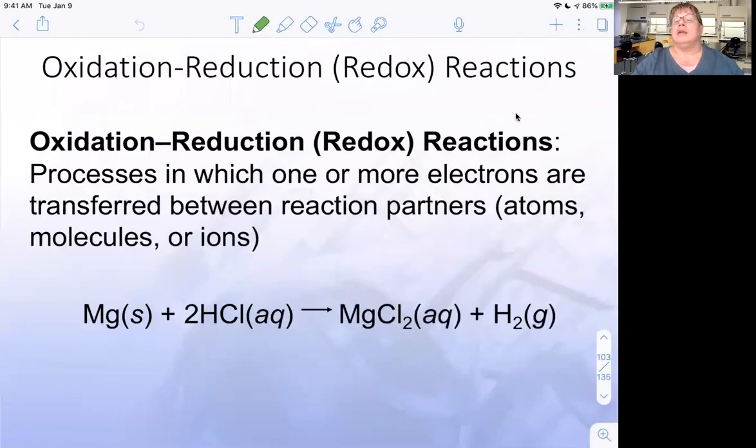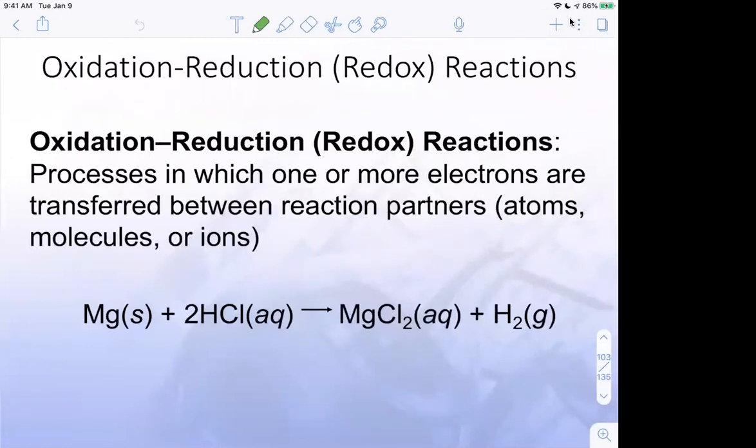Okay, so oxidation reduction reactions, or redox, are processes where we have the transfer of one or more electrons between reaction partners. So this is usually between atoms, between molecules, or between ions.